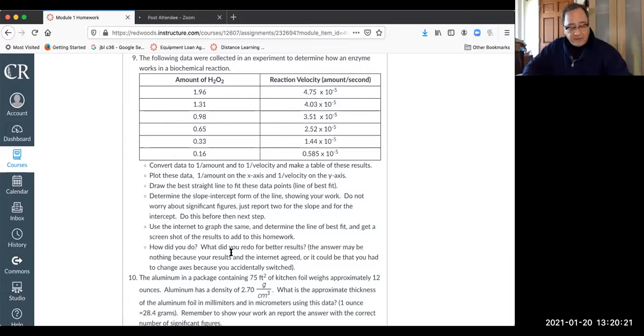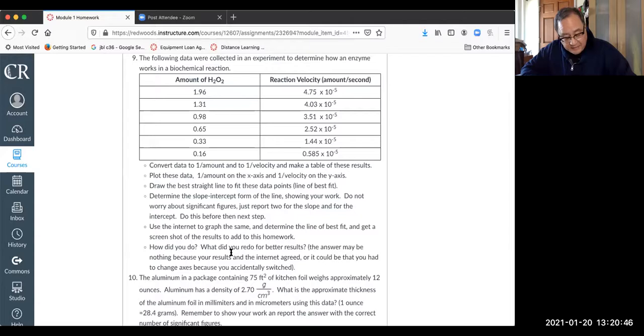I'm going to take a few quick notes and note that I need to convert the data to 1 over amount and to 1 over velocity. And I need a table of those results.